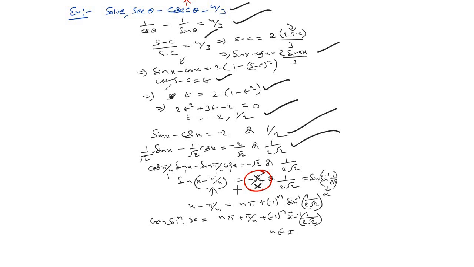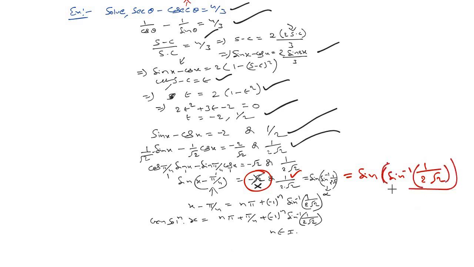So next I have taken the sin of x minus pi by 4 value. Finally 1 divided by 2 root 2 is possible. So this is an unknown angle, but it is possible. So that's why I have written sin of sin inverse 1 divided by 2 root 2, like this I have written.